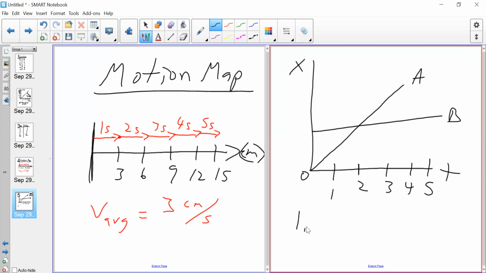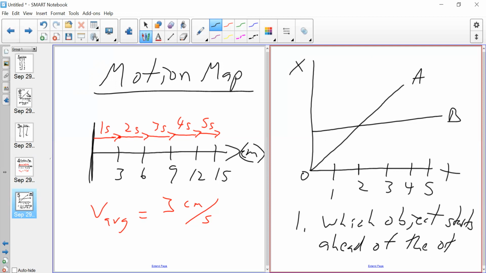One question is, which object starts ahead of the other? Well, we can clearly see that object B starts ahead, because if these are positions, and they are, it doesn't matter whether this is 2 or 200. We know B is going to be ahead of A because A starts at 0 and B starts at some positive non-zero number.